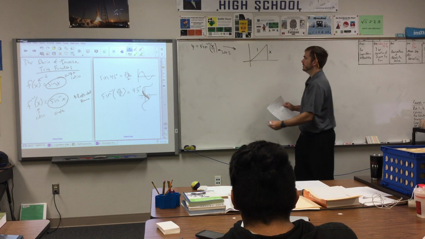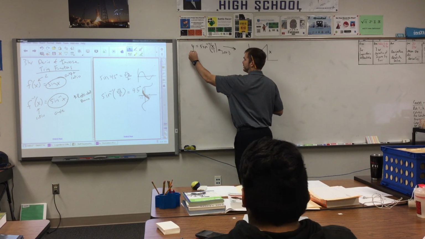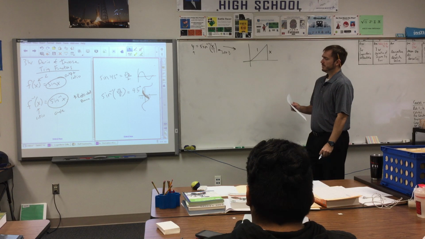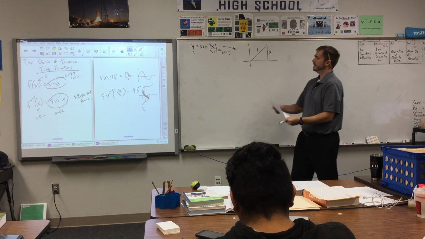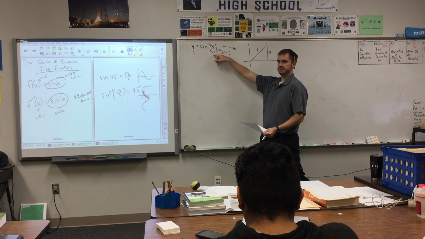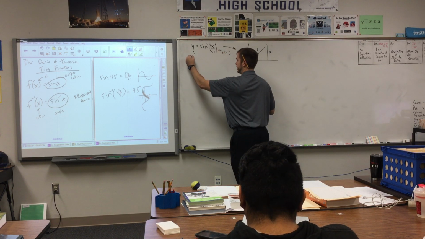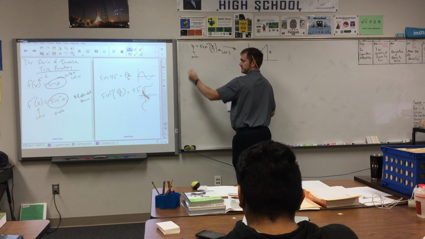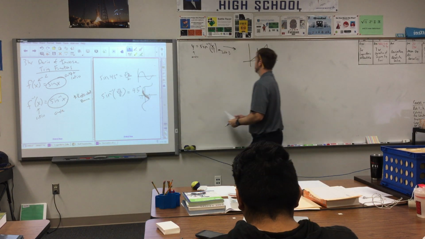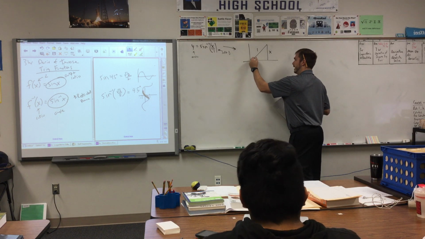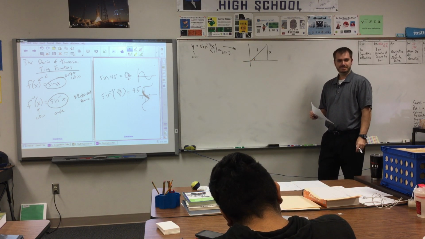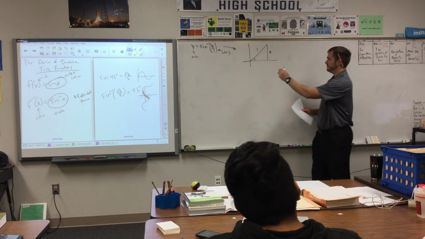What does the y over here correspond to? What is the output of an inverse sine? It's the angle. So the whole thing all together is the angle. So I'm going to put y right there for the angle, because that's what that means.